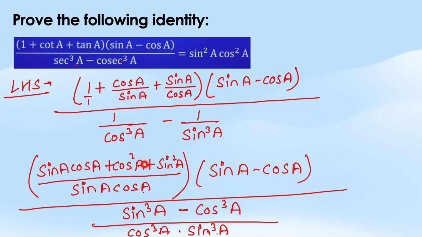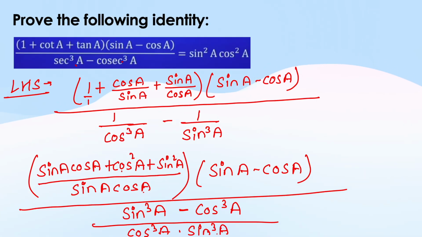Now see here. I have cos square A, I have sine square A. I can write 1 in this place. Let's write sine A cos A as it is, plus how much? Cos square A plus sine square A is 1.